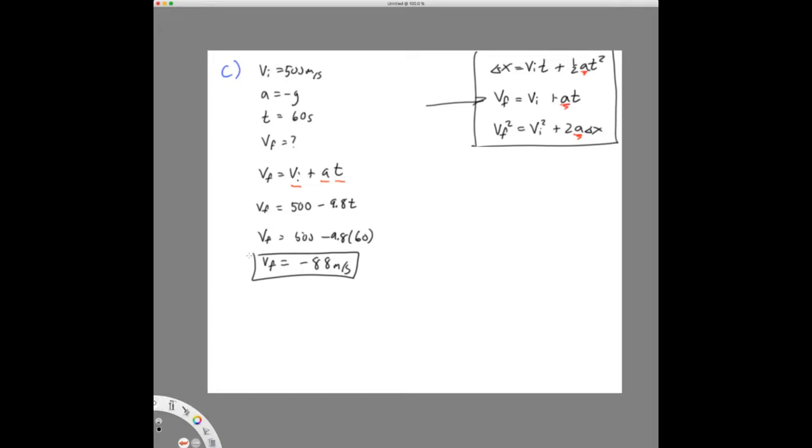Finally, part D says, when will its height be 10 kilometers? So for part D, again, we still know the initial stuff. V initial equals 500 meters per second. A equals minus G. But we don't know exactly when it's going to hit 5,000 or 10,000 meters.